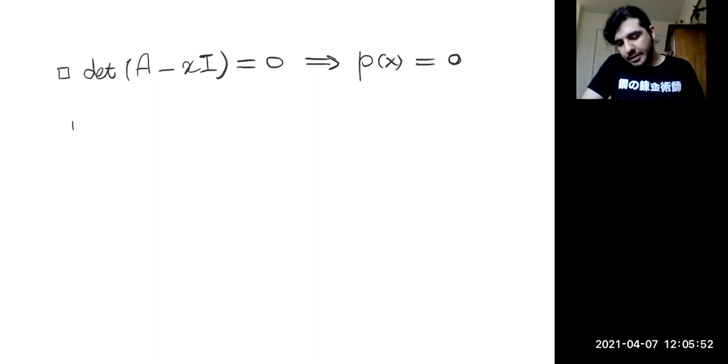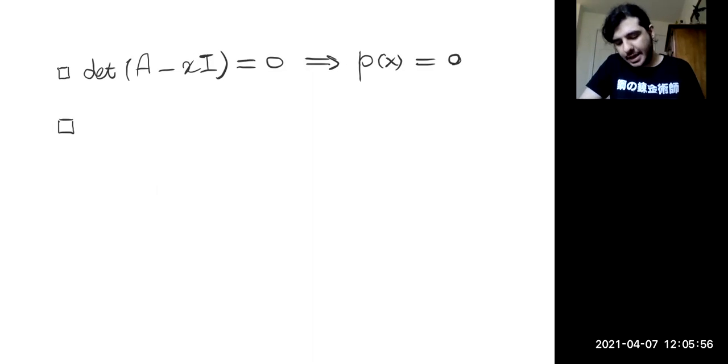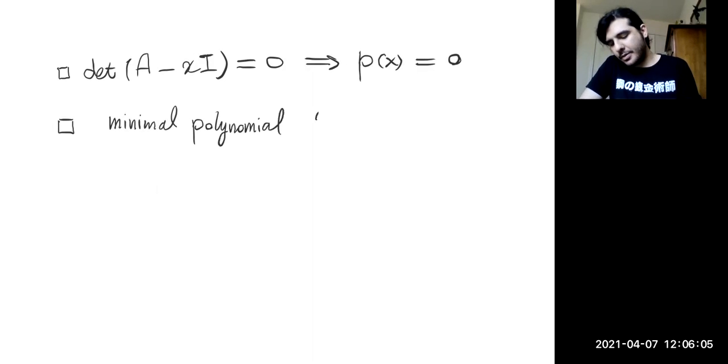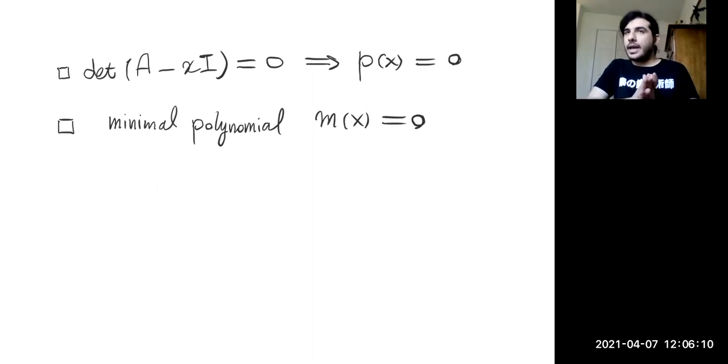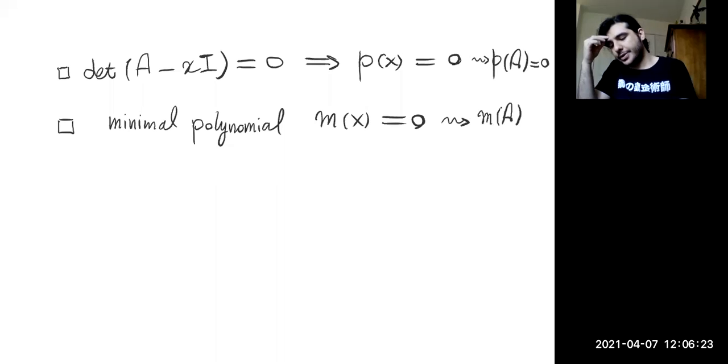Now, suppose there is another polynomial, which is the minimal polynomial of the matrix A, m of x equal to 0. Because of the Cayley-Hamilton theorem, we know p of A is equal to 0. And by definition of the minimal polynomial, the matrix A is a solution to this equation, so m of A is equal to 0.